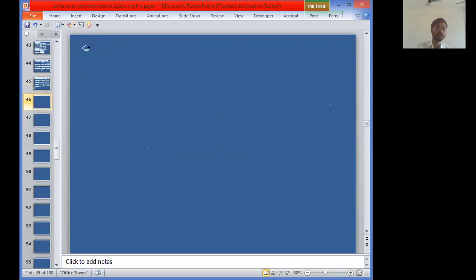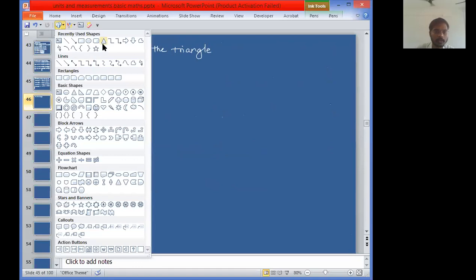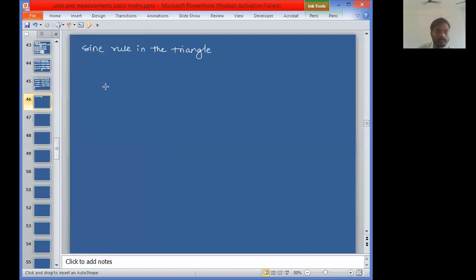Next is sine rule. Short form is sin and full form is sine. Sine rule in the triangle. Let's draw the triangle. Let's find where we have the triangular shape. Here.